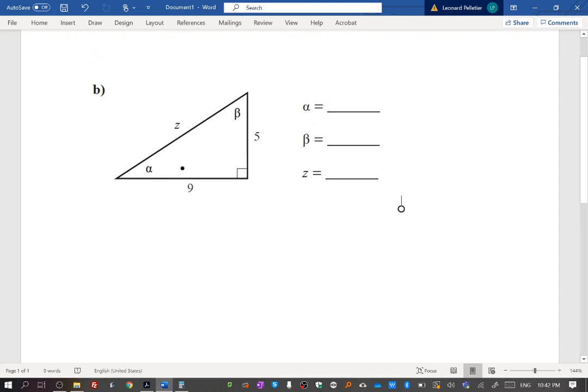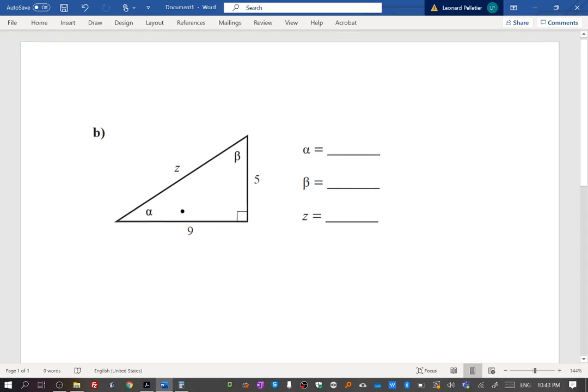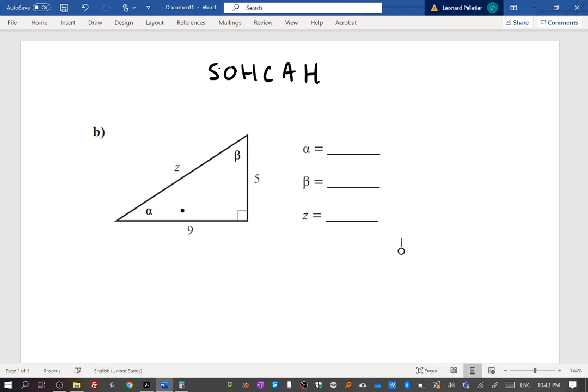So I guess the first thing I would do is think about what our ratios are. I would keep this acronym on hand in your mind: SOHCAHTOA. Many generations of students have learned SOHCAHTOA, which is just going to help us remember what the trigonometric ratios are.